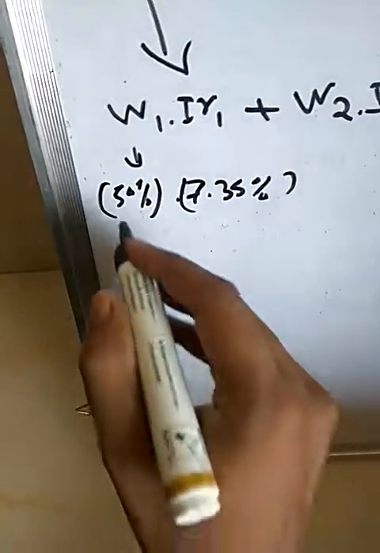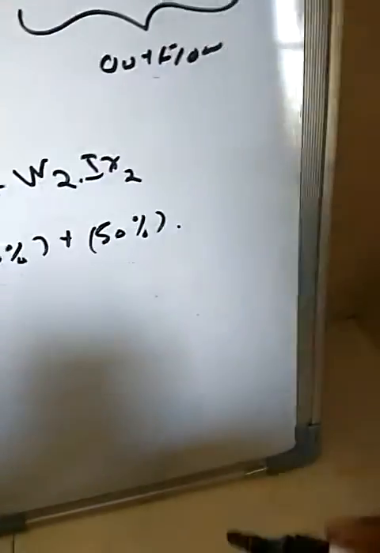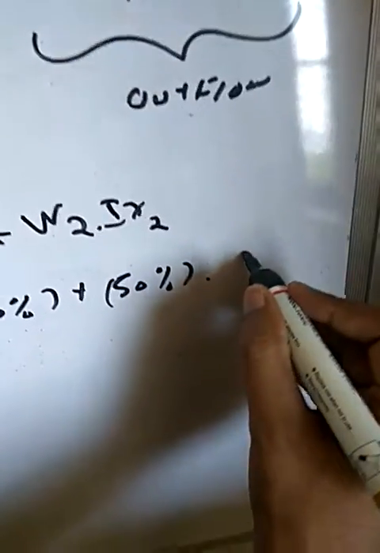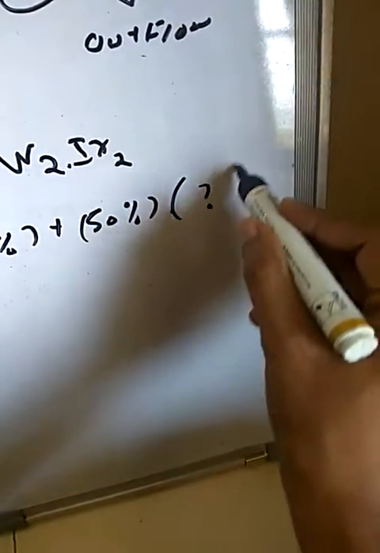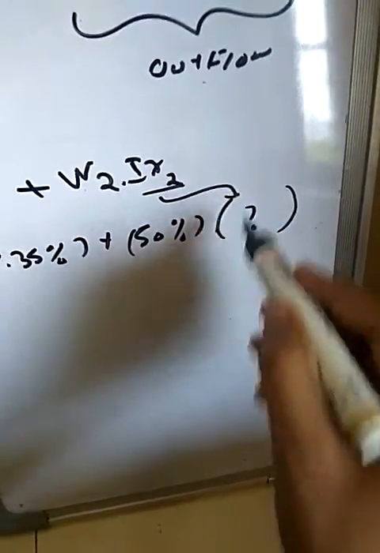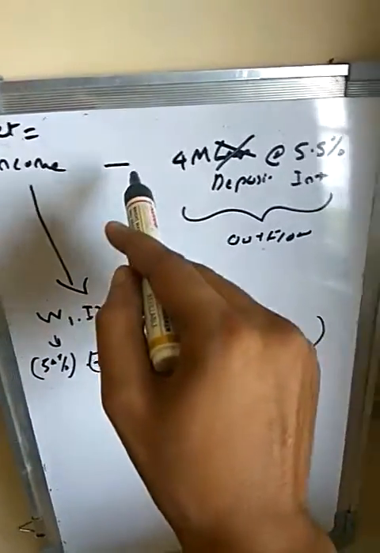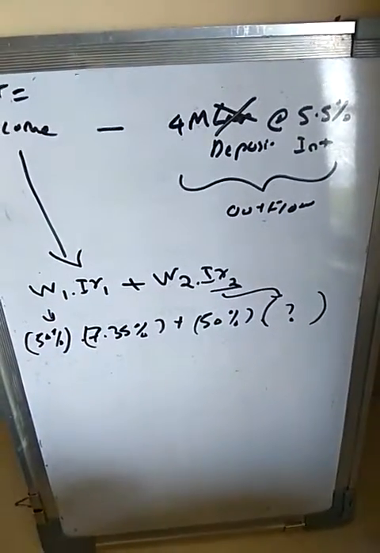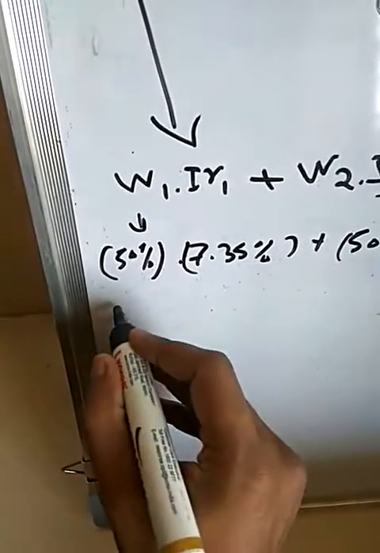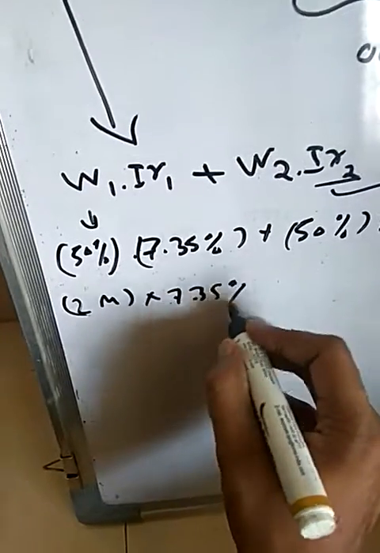Correct? Now this is 50%, and the next 50% is the confusing part. Confusing part means the GBP, USD, exchange rate, forward exchange rate; that mathematics will give you the interest rate too. So once again, net will be the income generated from this minus the outflow at 5.5 for 4 million, and 50% of 4 million is 2 million into 7.35 percent of 2 million.